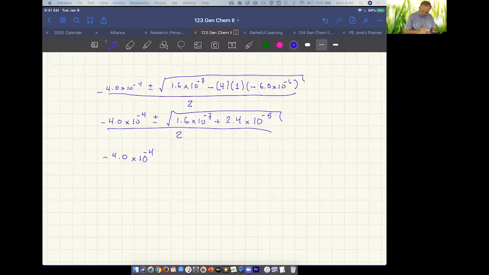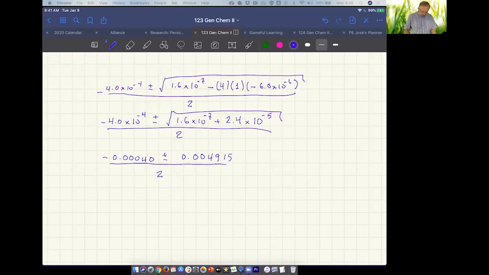Okay. So I have, let's do this, 0.00040, that will be 10 to the minus 4, plus or minus 0.0049, 15, divided by 2.